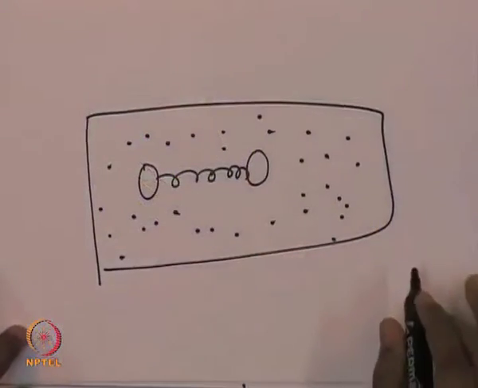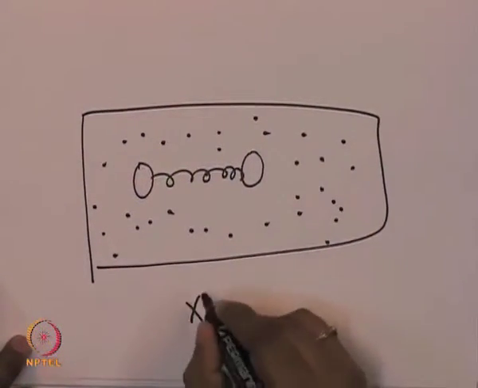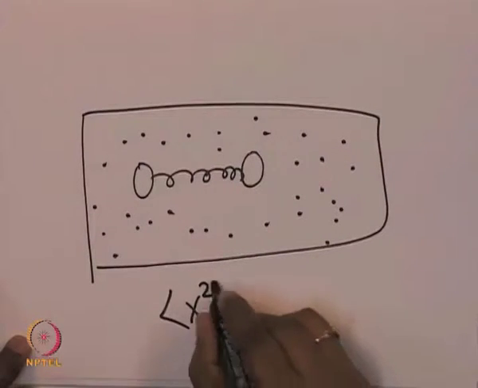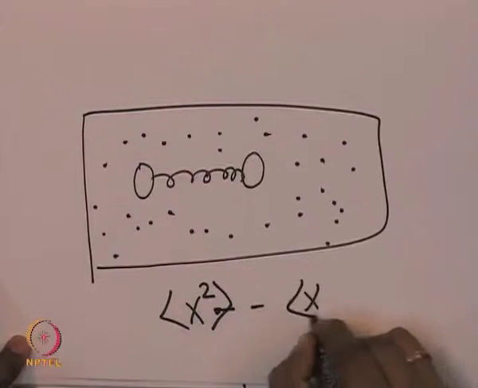Now, we can ask the question, what is the root mean square distance between these two? How much will this distance fluctuate? The answer is given by this quantity, which is basically x square average minus x average square.